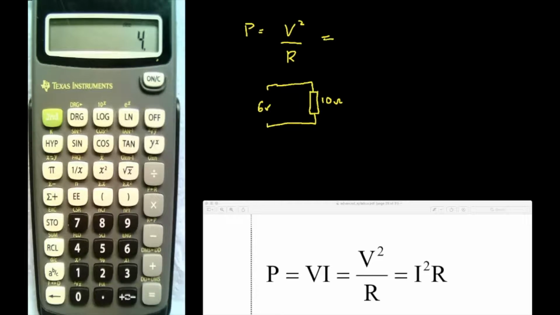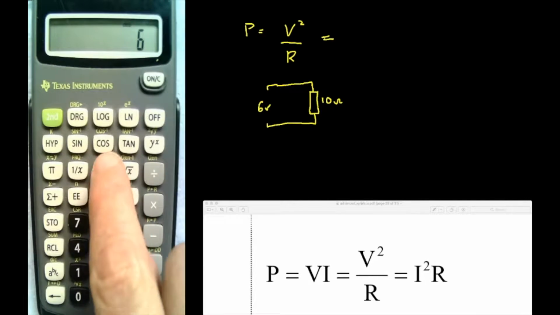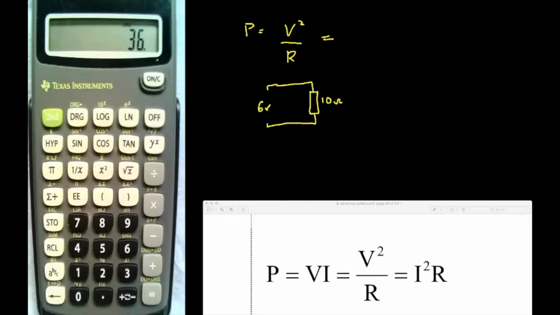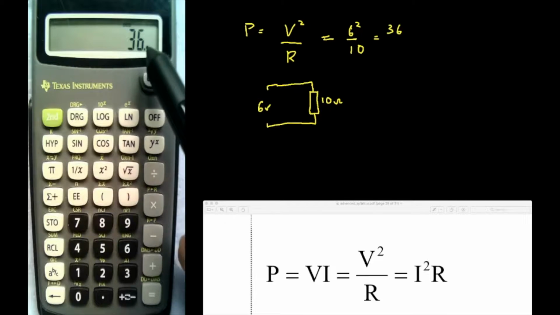Let's go to the calculator. We press clear, and we've got 0. We press 6. Now, we've got an x squared button here, so we can just press x squared, and that gives us V squared, which is, so let me write it, 6 squared over 10. So we've done the 6 squared, which is 36, which is on the calculator.